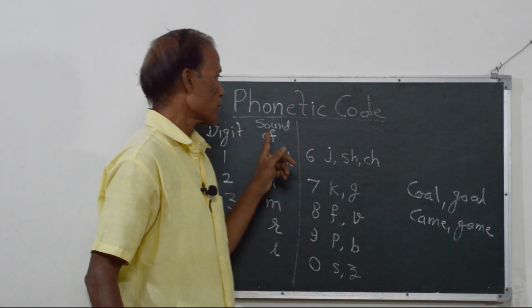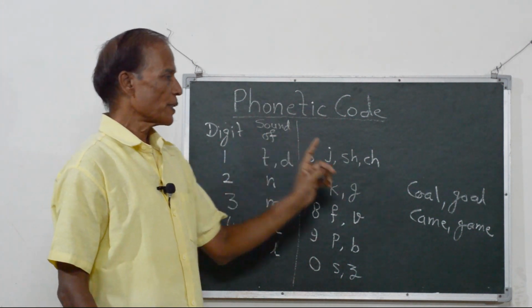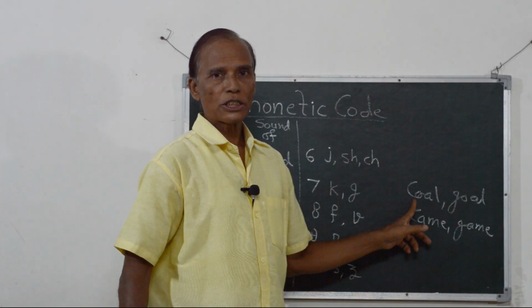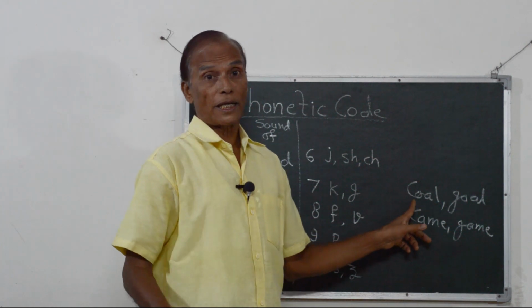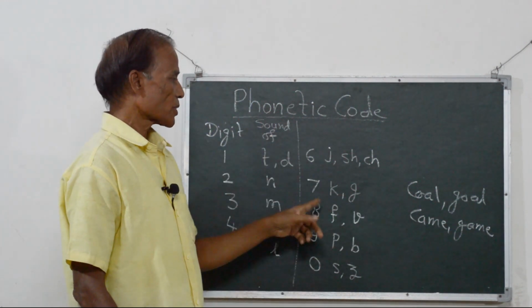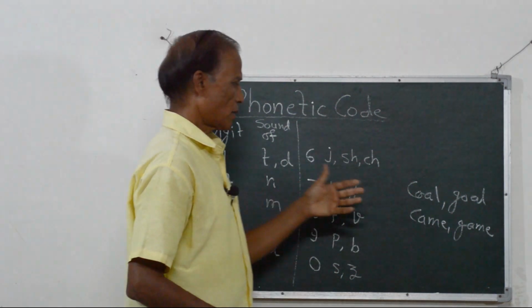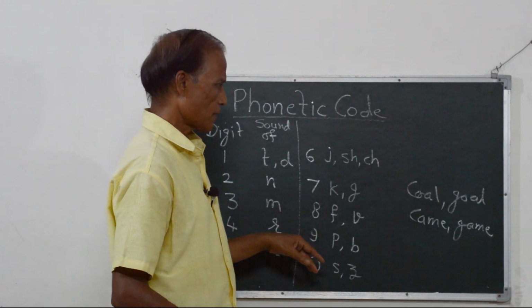We have to concentrate on the pronunciation, on the sound. So here C is pronounced as K. So it is coal. Its sound is like K. So that can be used here.